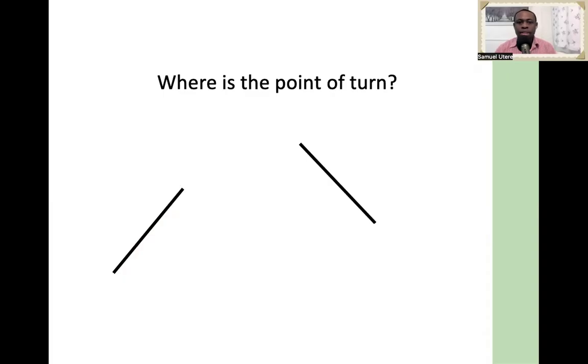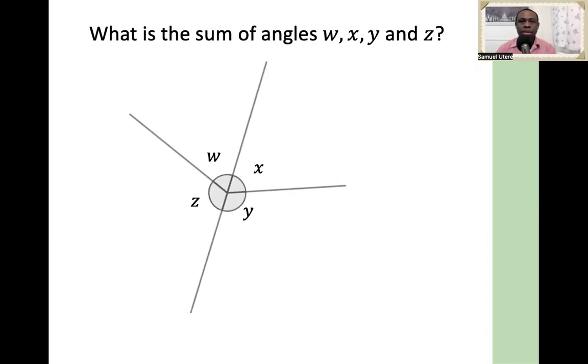Well, first, let's identify the point of turn for these lines. So if we were to turn that, you would see that the point of turn is there. If we turn that, you would see that the point of turn is right there. But what is the sum of angles W, X, Y, and Z?